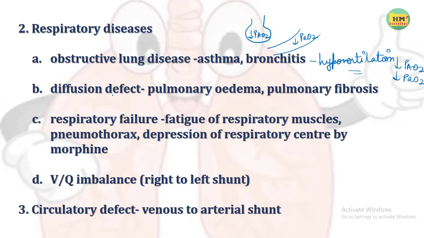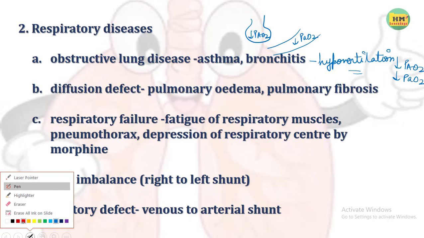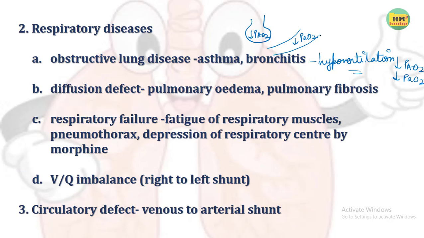Another defect is the diffusion defect. So what happens in the diffusion defect? We know that oxygen has to diffuse from the alveoli to the artery. If the diffusion membrane is thickened, the diffusion will decline, because diffusion is inversely proportional to the thickness of the membrane.